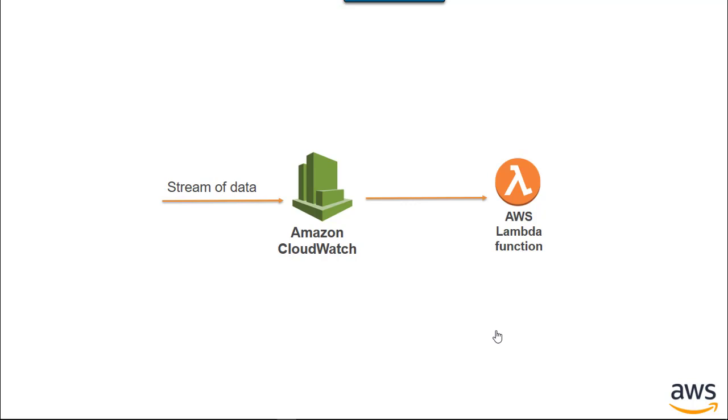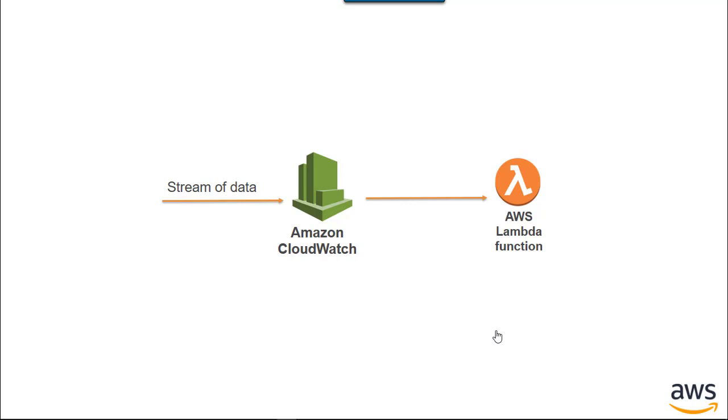So far, we have studied different ways that you can stream data into Amazon CloudWatch. They may be coming from direct API interaction, or maybe you are streaming your log data through a proxy like the Amazon CloudWatch agent. Regardless of how you send the data, it is going to end up in CloudWatch. That's one part of the story. The other part is that you want to act upon this data. For example, when you get an exception, you want to do something.